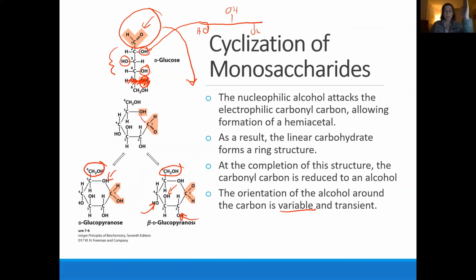So I've essentially taken it in this form and gone like this. So everything that was here on the top is now at this end, and everything that was on the bottom is at this end. The up and down position of these OHs, you place as you read them, now reading from left to right, in the positions that are left over on the ring. So down, up, down.